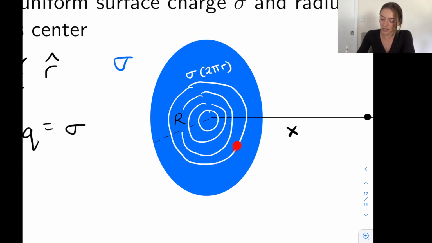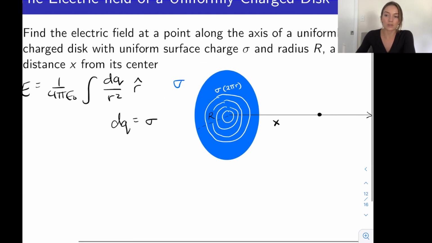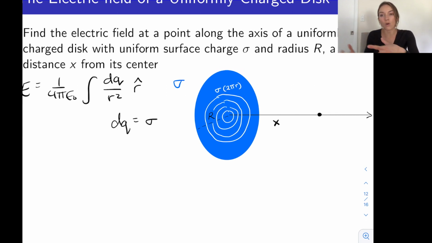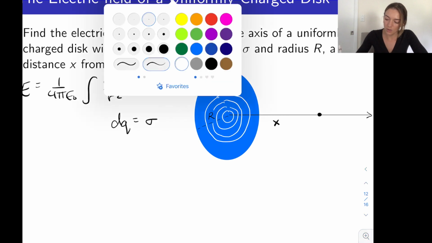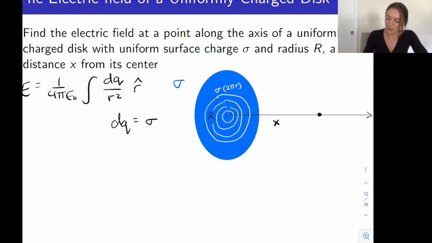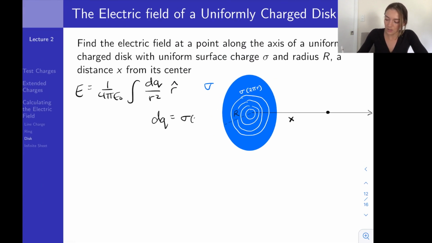So each little ring is going to have total charge sigma 2 pi r. And then I'm going to integrate with respect to r, over the whole disk from radius 0 to radius capital R. And that will capture all of the charge of this disk. So I can write dq as sigma 2 pi r dr.